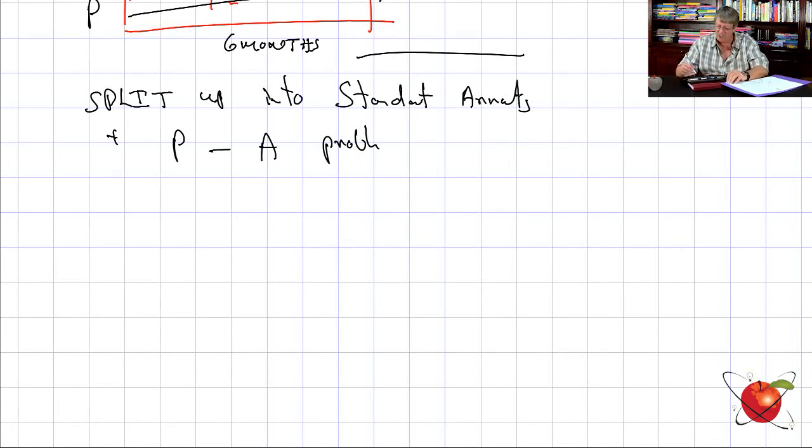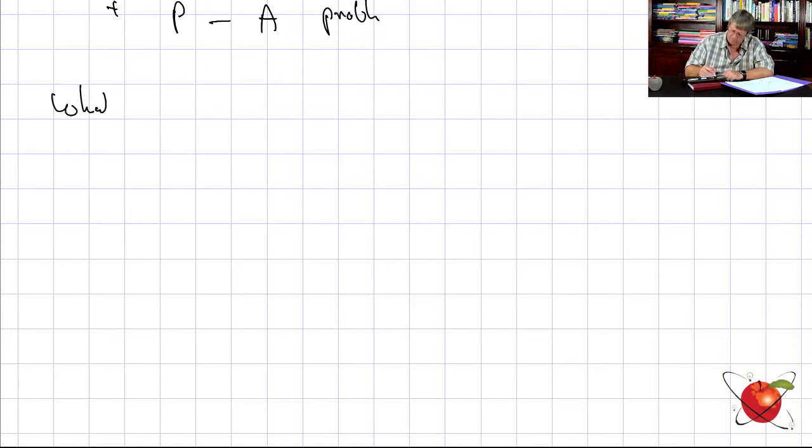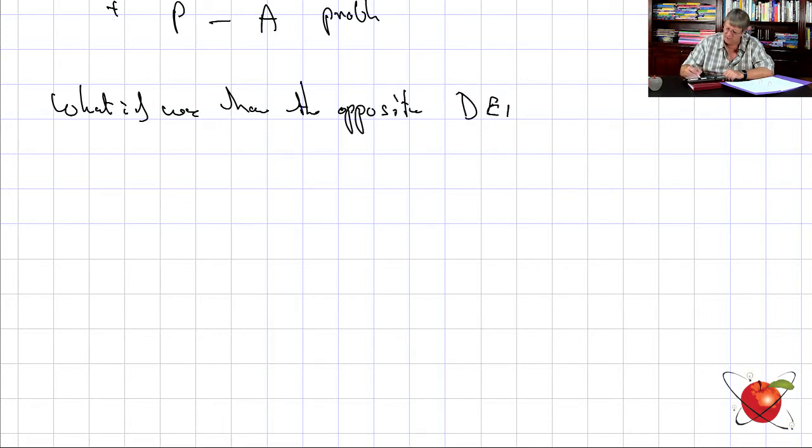So I prefer doing it that way. And what if we have the opposite, and we defer a payment? You've heard of that.